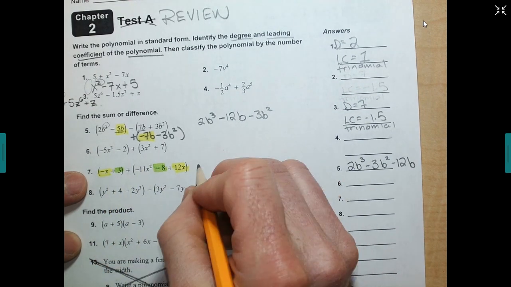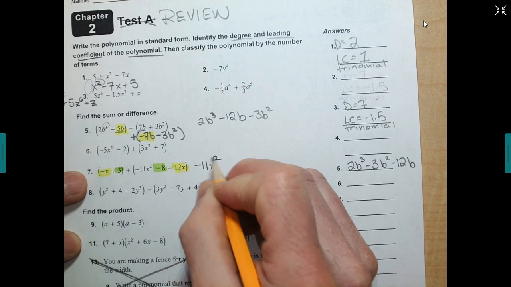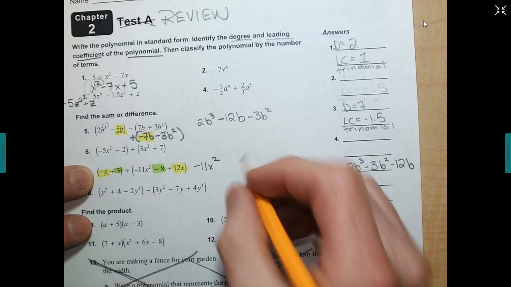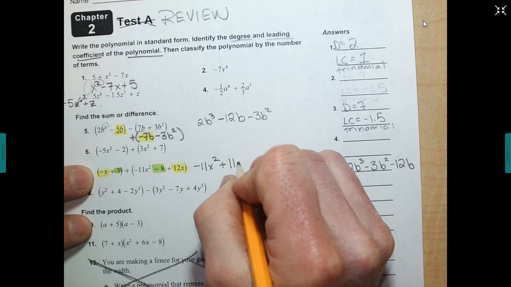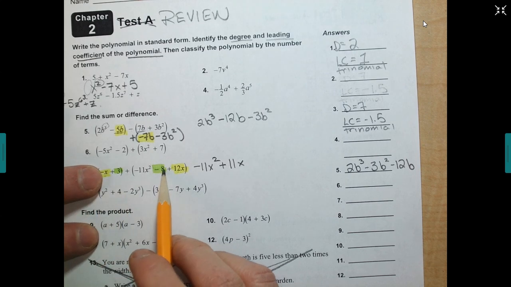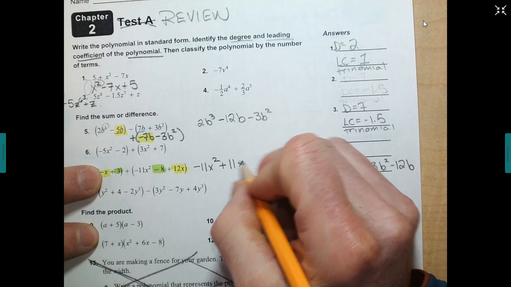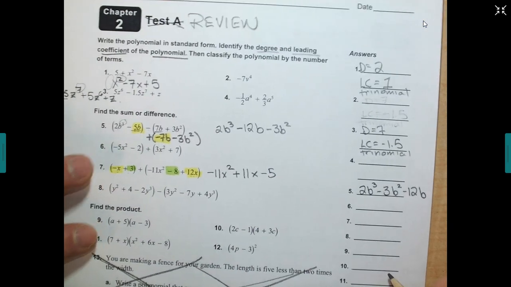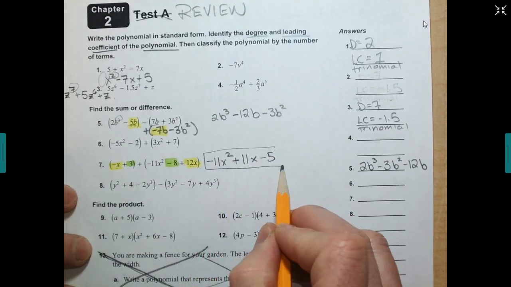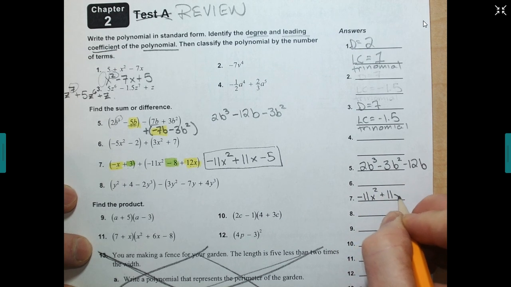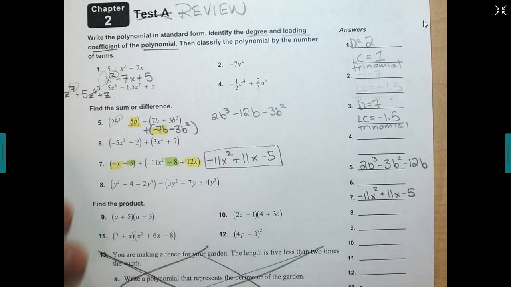So I've got this one first, negative 11x squared. And then I'll take my x's. I have negative 1x, positive 12. So that's 11x. So it's 12x minus 1x. And then negative 8, positive 3. So negative 8 plus 3 would be negative 5. So negative 11x squared plus 11x minus 5.